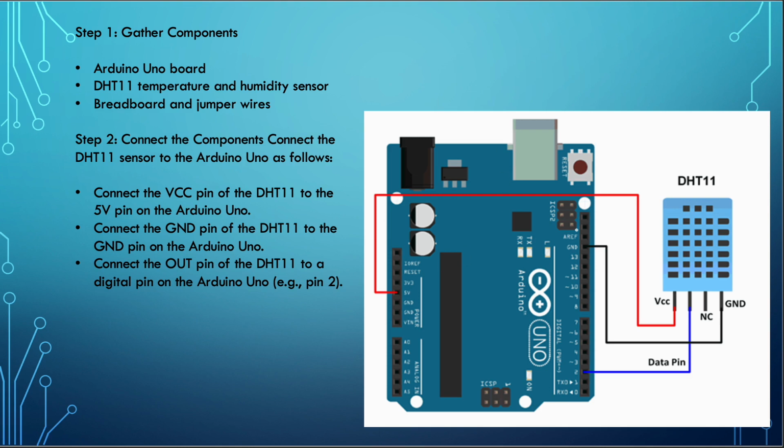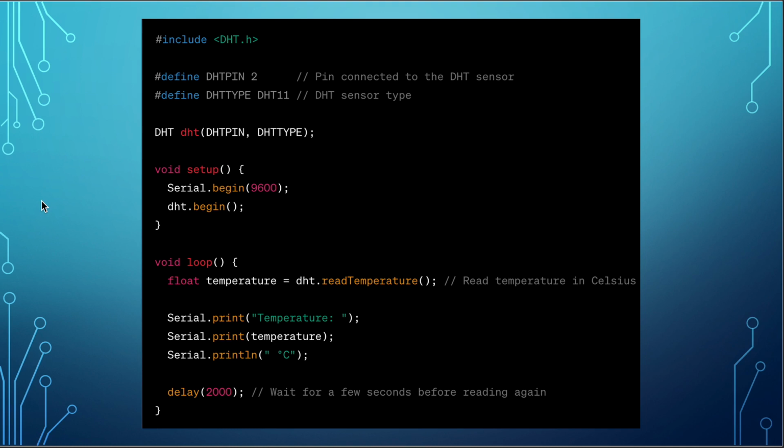When this connection is done, we can write the code. First, include dht.h, which means we are calling in the library for this particular sensor. Define DHT pin as 2.